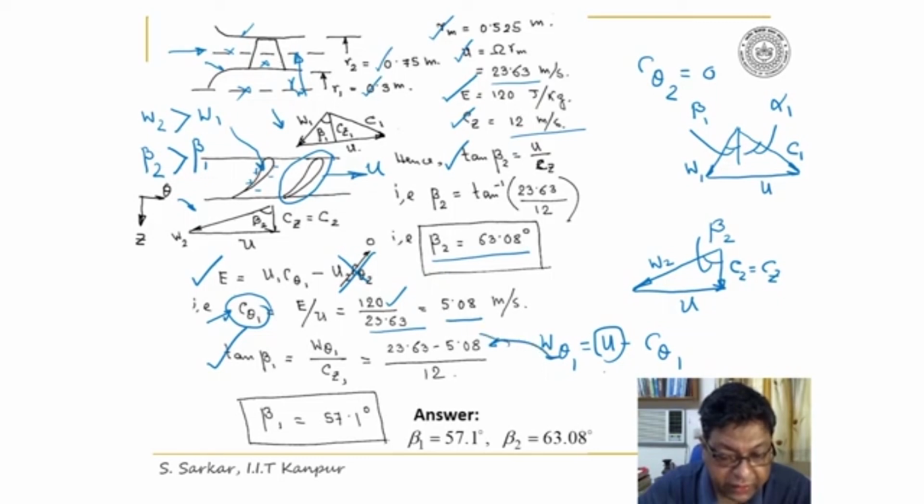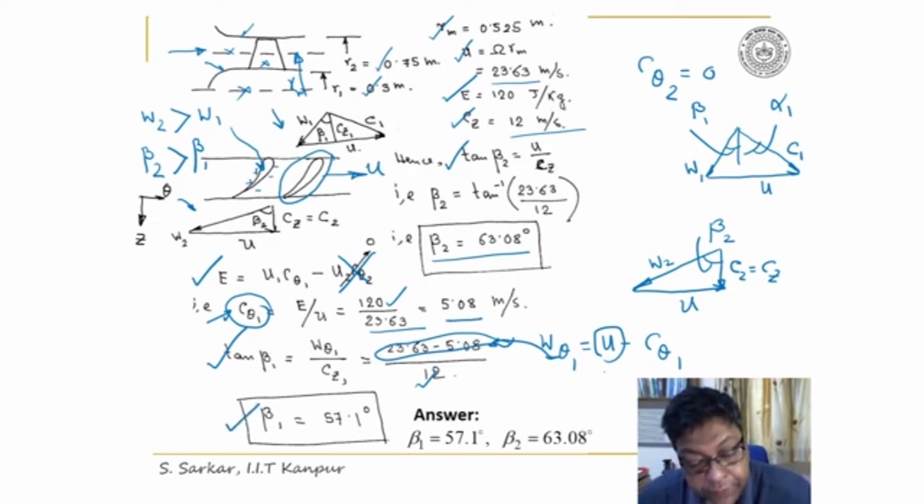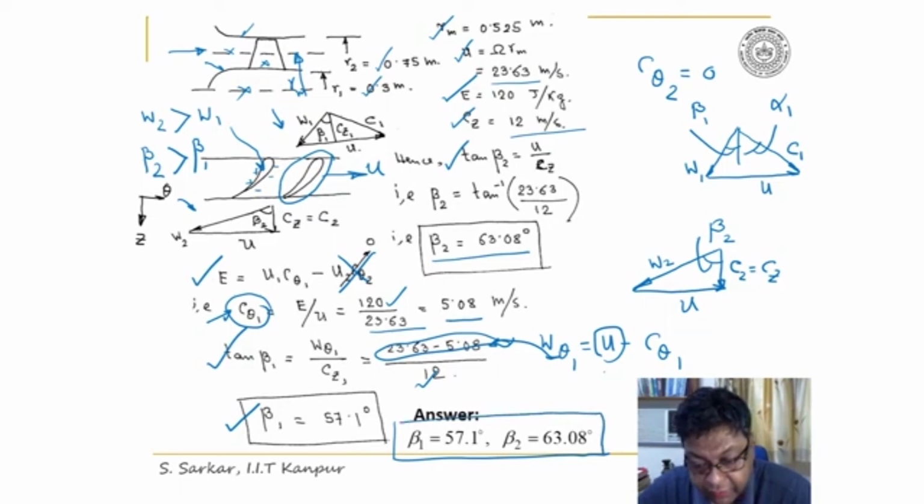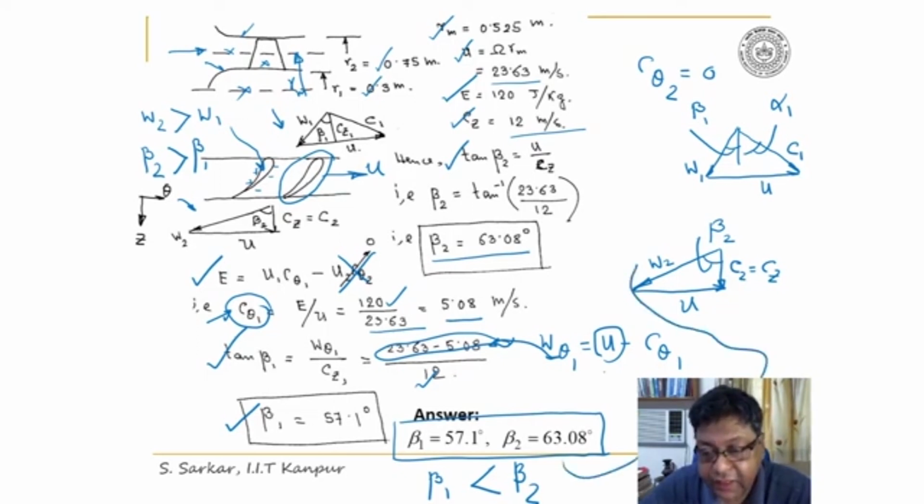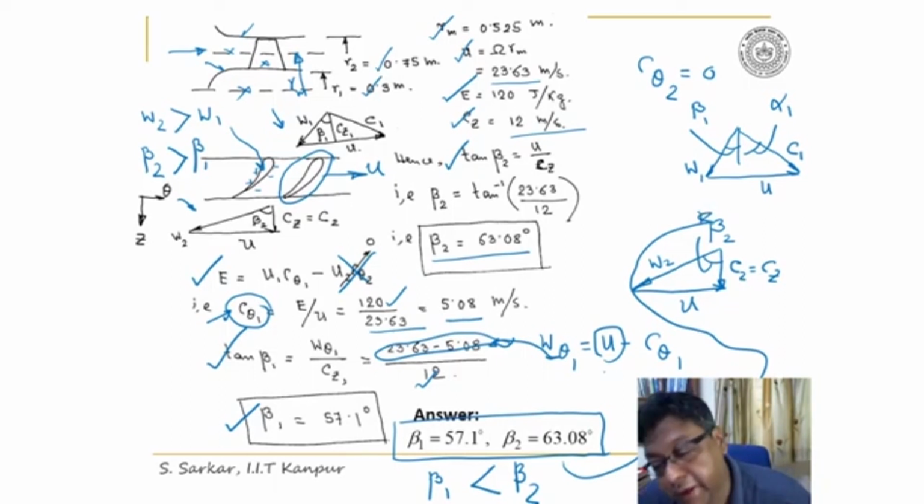So I have evaluated here the value of W theta 1, and Cz is 12. Thus beta 1 would be equal to 57.1 degree. So the answer is this. Note here the angle got reversed. So here you will find beta 1 for a turbine is less than beta 2 as indicated in the velocity diagram.